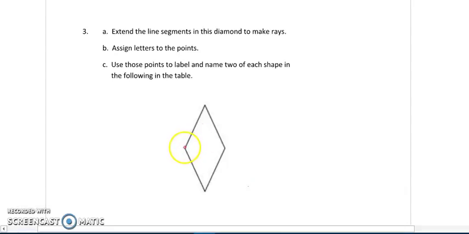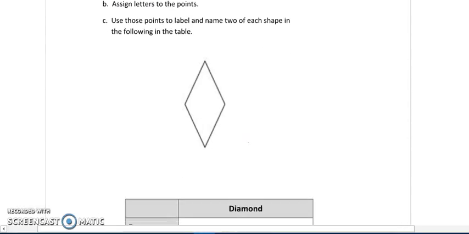It says extend the lines. Let's make this an endpoint and call it A. And let's extend this out to here. We'll call this endpoint B. This will be C, and this will be D.